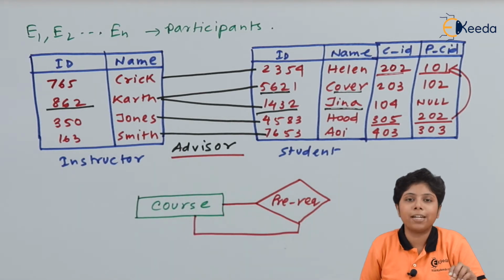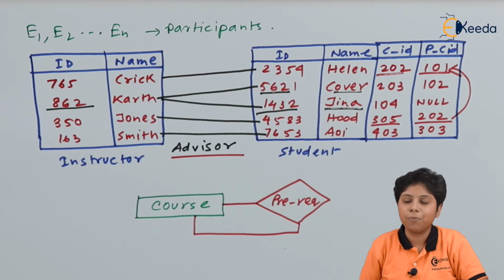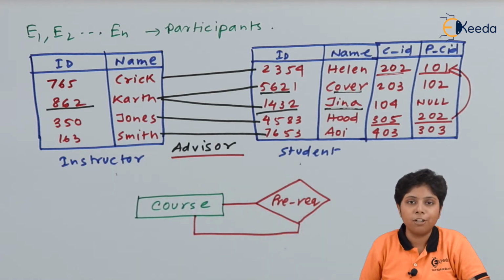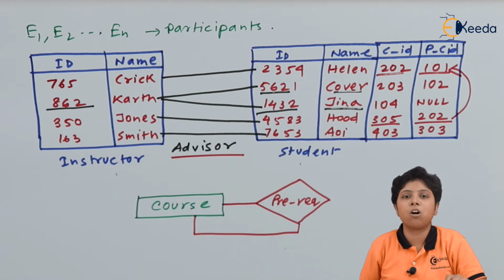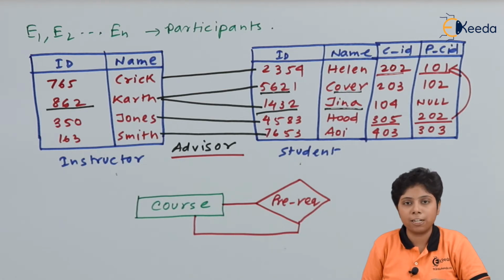Now I want to add a constraint or definition to the relationship advisor: an instructor will be a student's advisor when the student got admitted and is attached to the instructor. So the instructor by itself is not an advisor. He becomes an advisor when he has a join date with the student. So now the relationship will look like this.